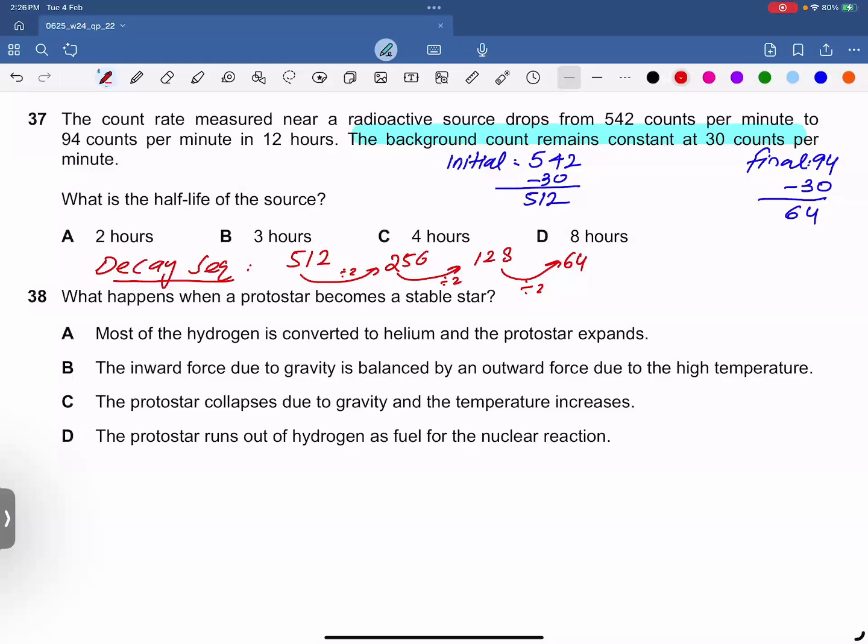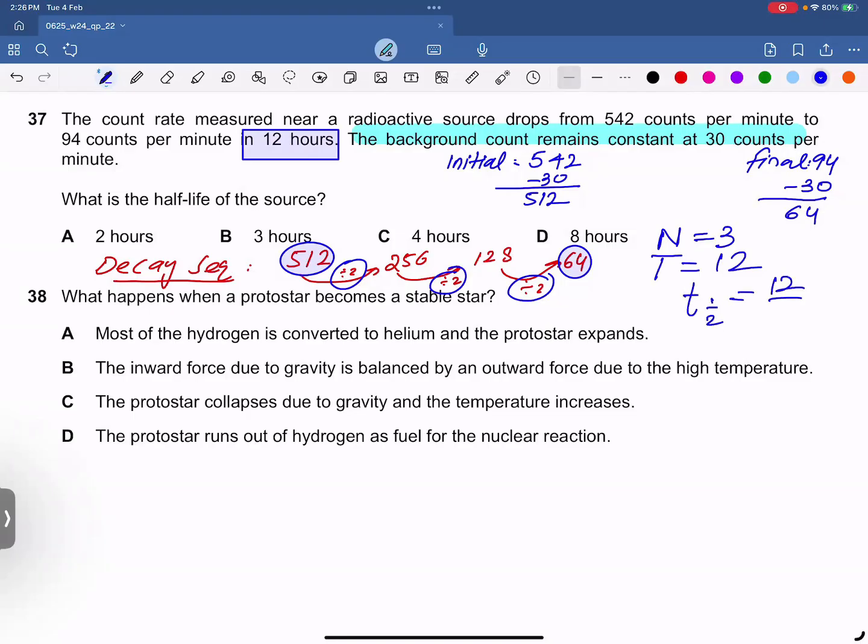So you started from 512 until it became 64. How many half-lives? 1, 2, 3 half-lives. The number of half-lives is 3, and the total time they gave you is 12 hours. So the half-life is the total time divided by 3, which is 4. 4 hours is the half-life, option C.